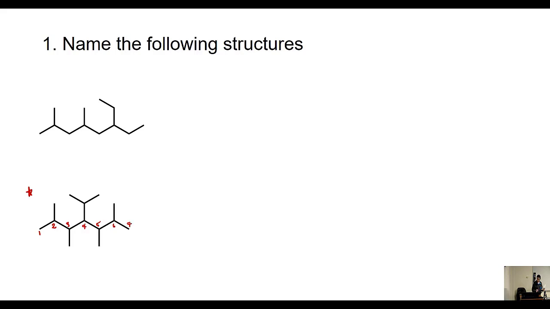So I have 4 methyls, and then I have 1. Okay. So, does it matter which side I count from? Should I switch my numbering? Not in this case. No, it's symmetrical, it doesn't really matter, right? So I could just go 1, 2, 3, 4, 5, 6, 7, right?